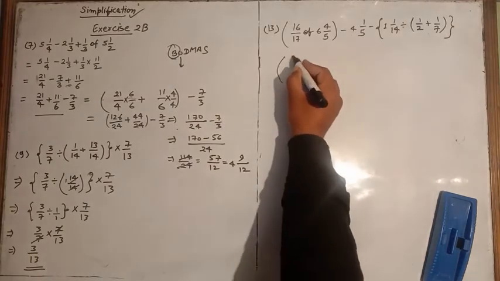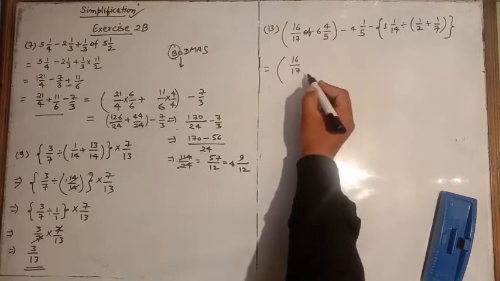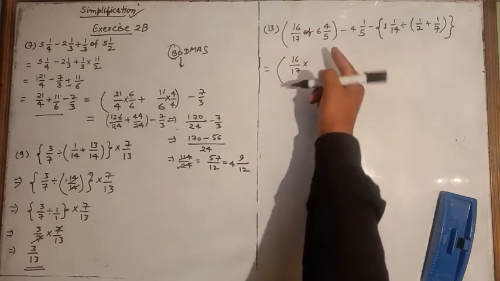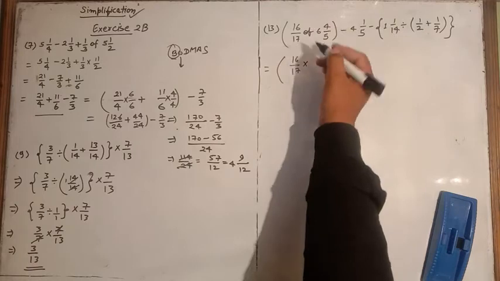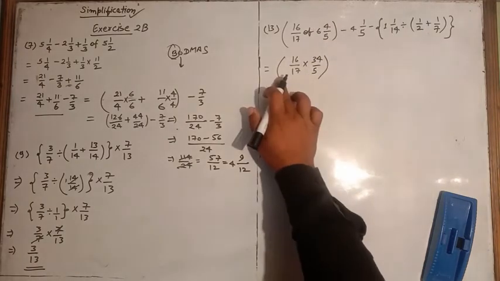You write inside small bracket 16 upon 17 of 6 whole 4 by 5. At the place of 6 whole 4 by 5, you will write 6 fives are 30 plus 4, 34 upon 5. Close the small bracket.